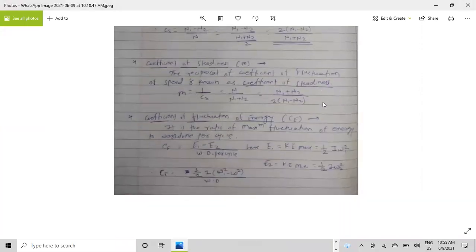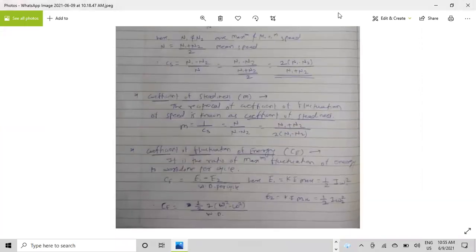coefficient of fluctuation of energy. It is denoted by Ce. It is the ratio of the maximum fluctuation of energy to the work done per cycle. I forgot to write the minimum also.